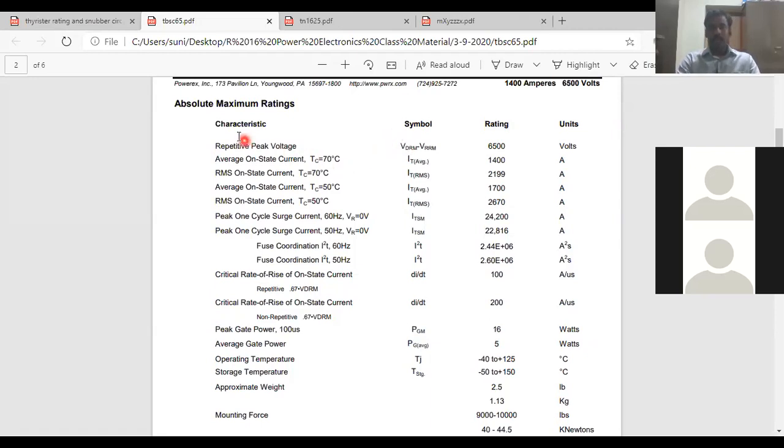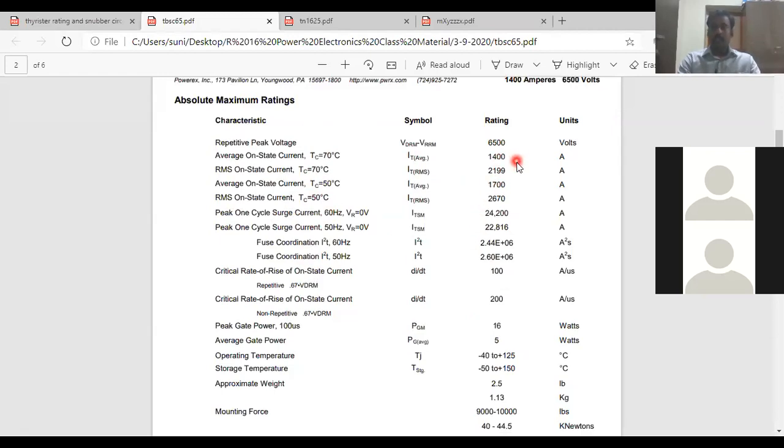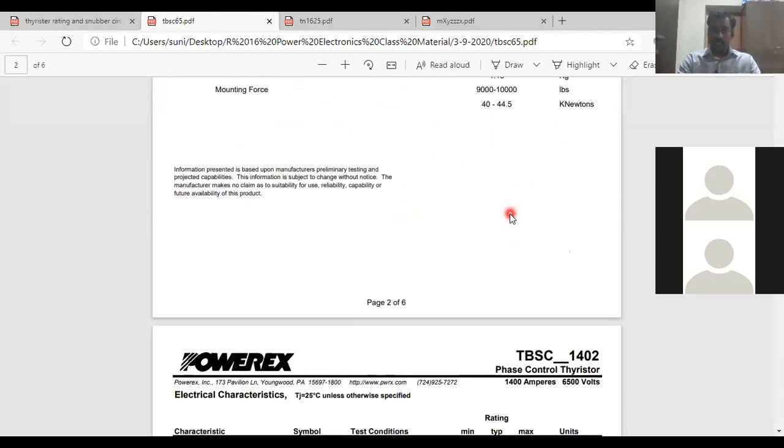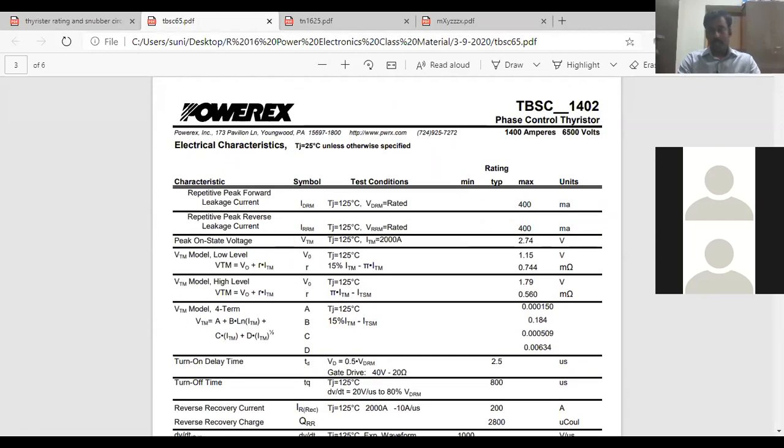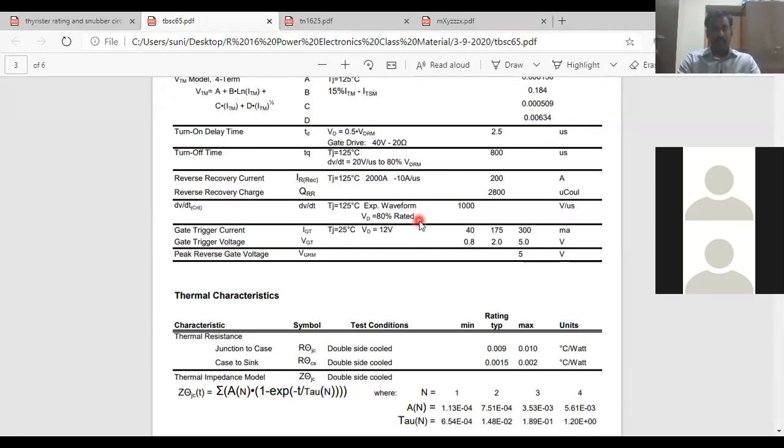Those are defined in these specifications. Okay, so if the specifications are well known, then we may choose a particular SCR which is going to operate under uncertain conditions also. All these come under the voltage ratings and current ratings for the device.